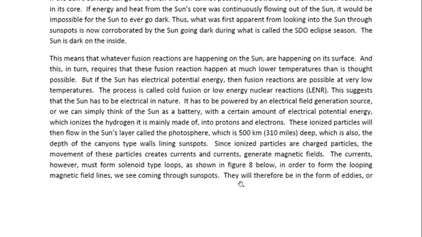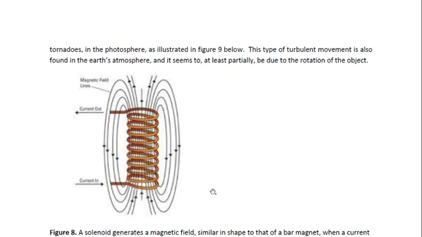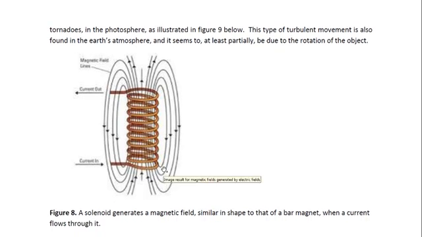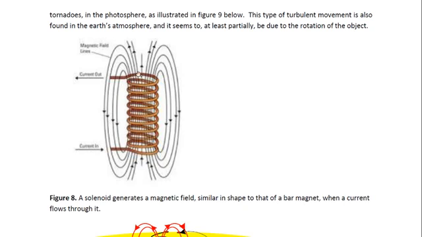And these particles, because they flow and they are charged particles, would form currents, and currents generate magnetic fields. And we can see here in figure 8 that if you have a solenoid and a current flows through the solenoid, then this type of magnetic field is generated. It looks like a bar magnet magnetic field, but it's actually generated by a current, or in other words, charges flowing along this wire that's formed into a solenoid.